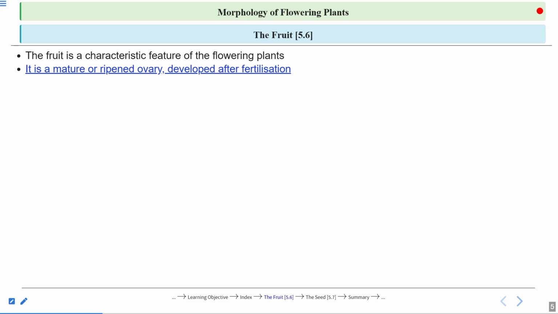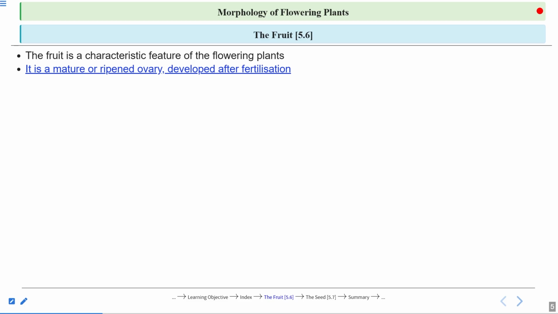The parts of the flower like sepals, petals and androecium dry up and fall off. The only part that remains attached to the thalamus is the ovary.